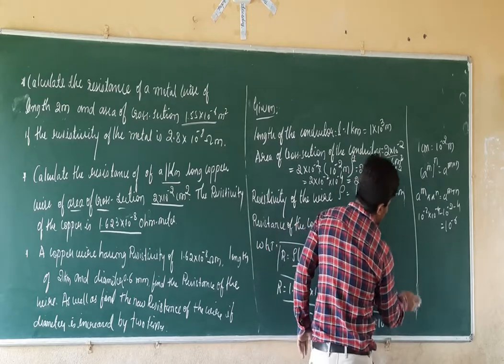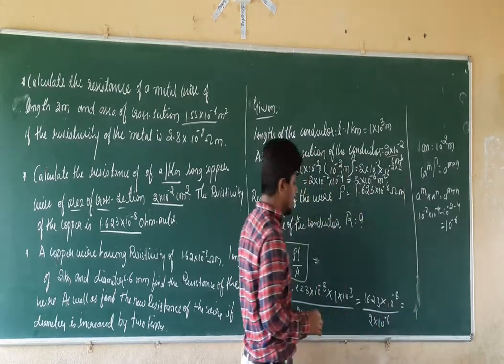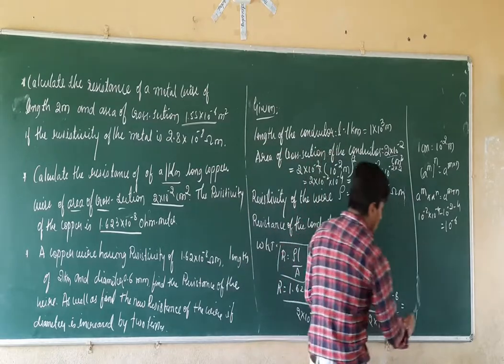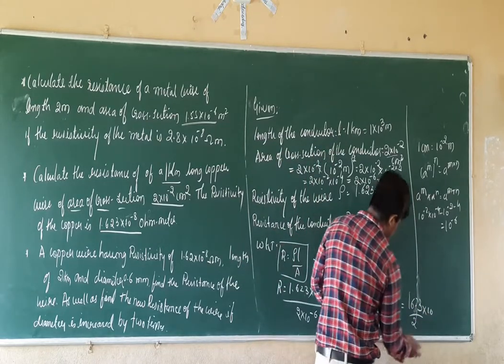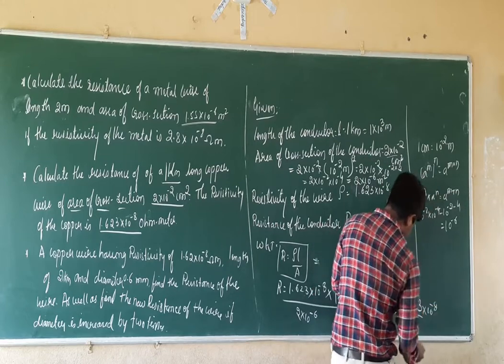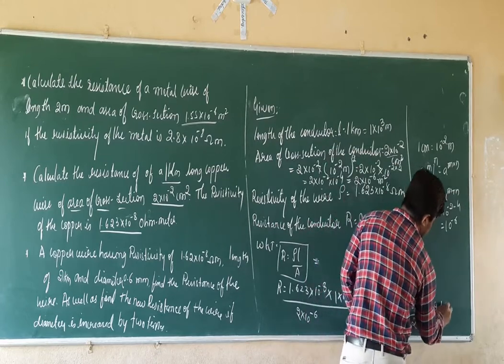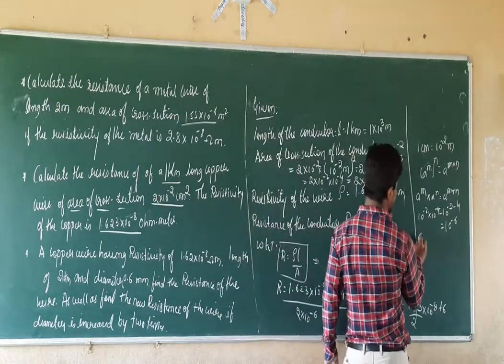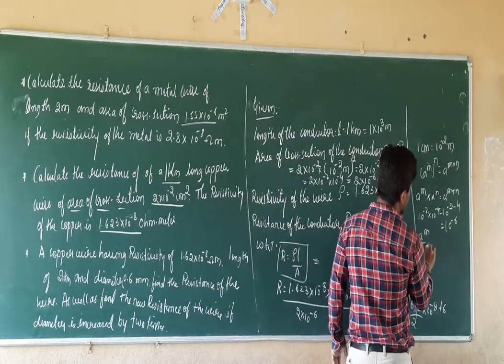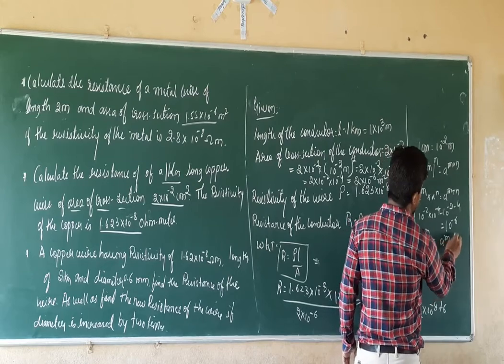So this is equal to 1623 divided by 2, into 10 raised to minus 8 plus 6. Why? We have another formula, a raised to m divided by a raised to n is equal to a raised to m minus n.